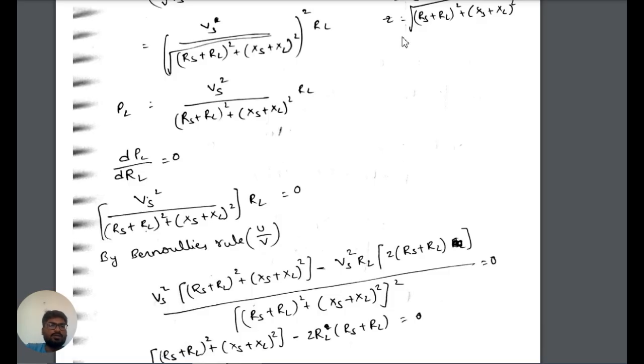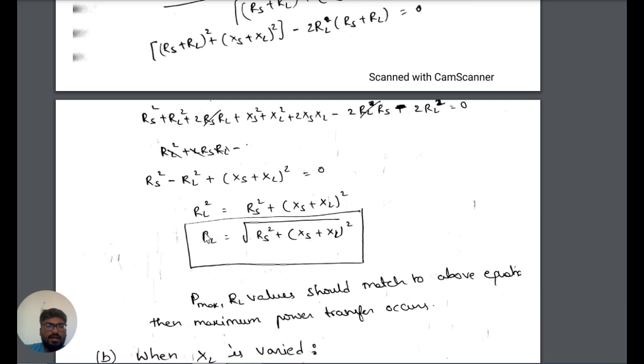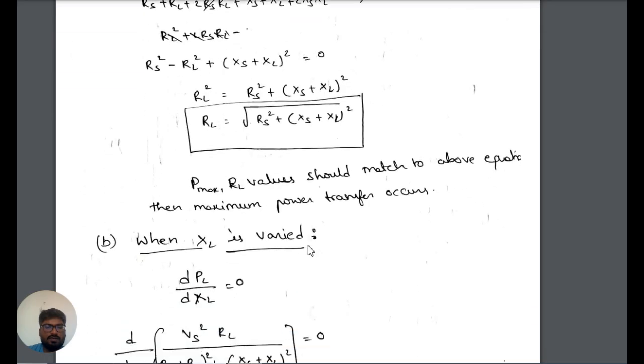In Z there will be two components, one resistive and one reactive. First we focus on RL. When we differentiate the power with respect to RL and set it equal to 0, we derive that the load resistance equals the square root of the source resistance squared plus the net reactances squared, and at this position we get maximum power.